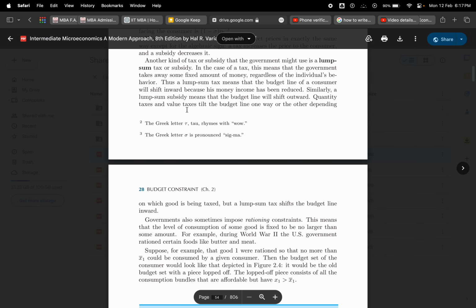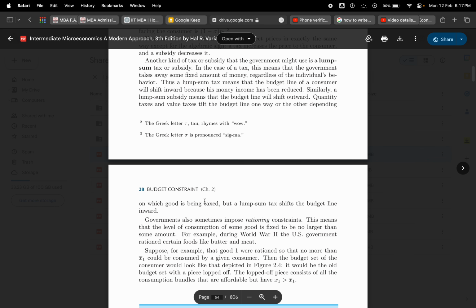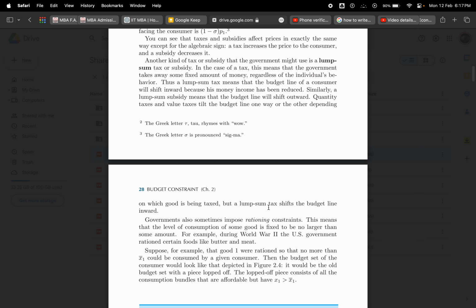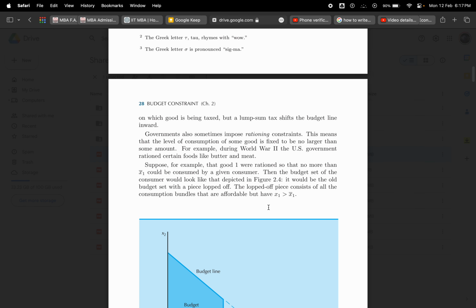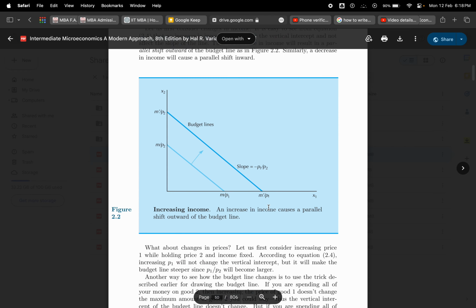With quantity taxes and value taxes, there's a tilt in the budget line depending on which of the good is being taxed. But in lump sum tax, the tax shifts the budget line inwards because you have less to buy from. See, okay, I'll tell you what they're trying to say here.